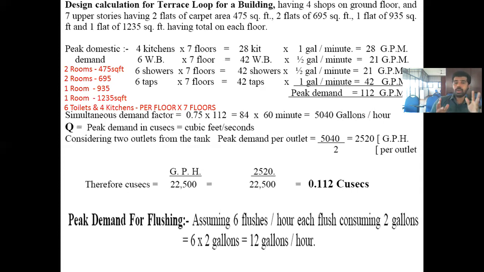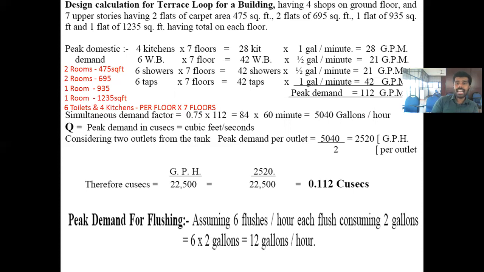Even though 112 GPM is not required because we won't use all the wash basins, showers, taps, and kitchens at a time, we multiply the peak demand with the simultaneous demand factor, which is 75%. So 0.75 into 112 is equal to 84 gallons per minute.